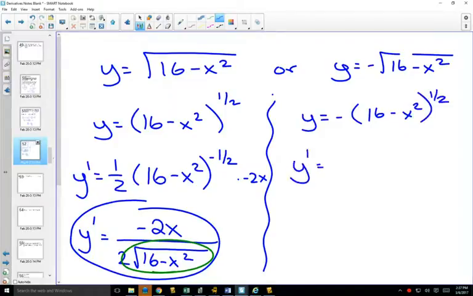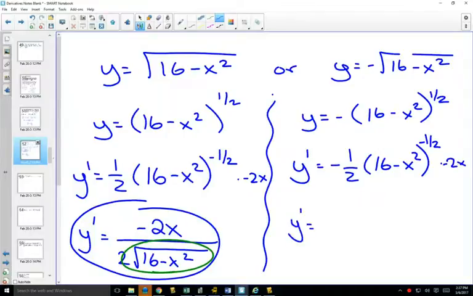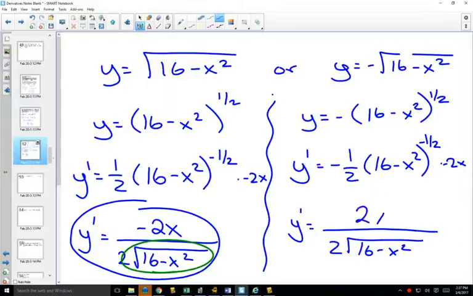The derivative here would be bring the half in front, 16 minus x squared to the negative a half multiplied by negative 2x. I still have the 16 minus x squared on the bottom. I still have a 2 on the bottom. And on the top, I have a negative times a negative, which is a positive 2x.